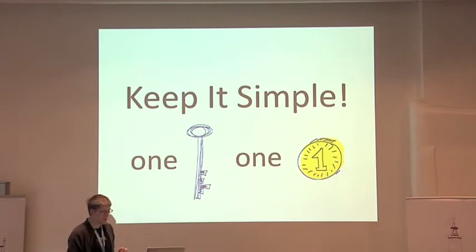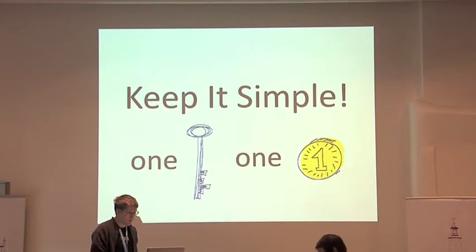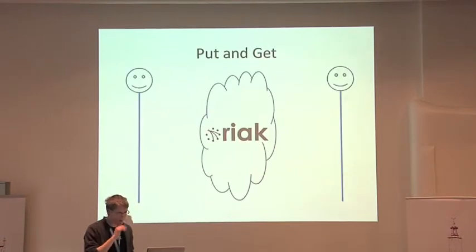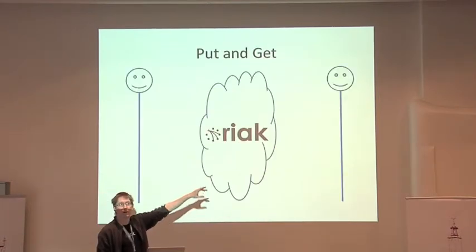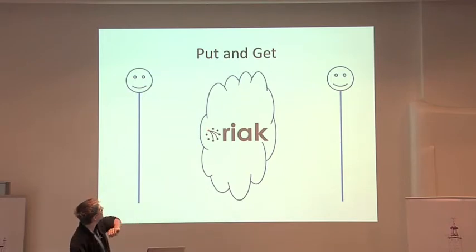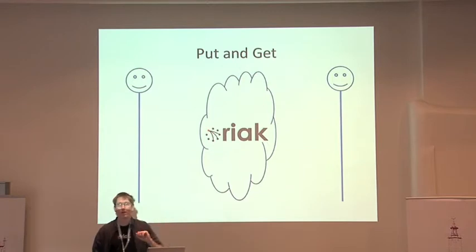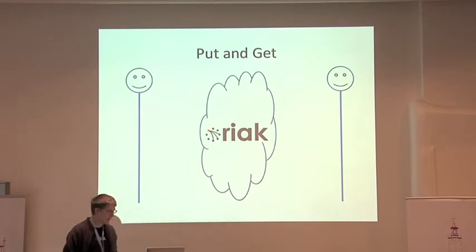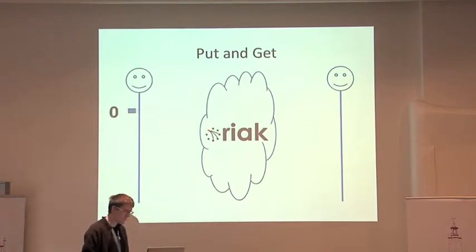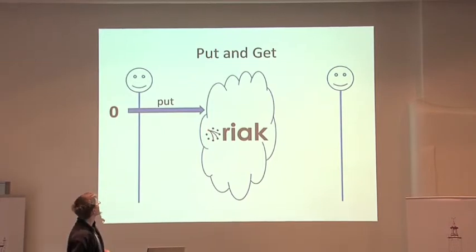Okay, let's look at an example of how this works. Here's our database, Riak, in the cloud, and these are two users interacting with the database. The first user puts 0.